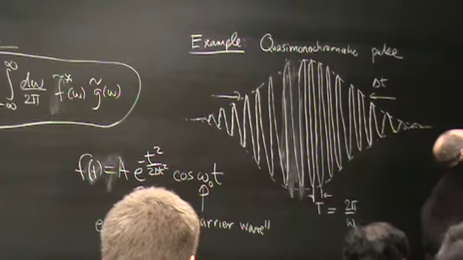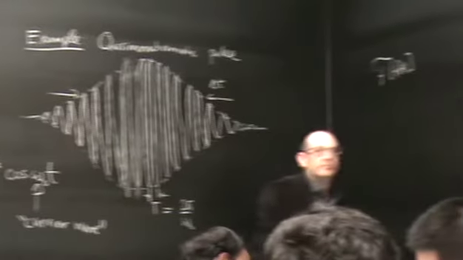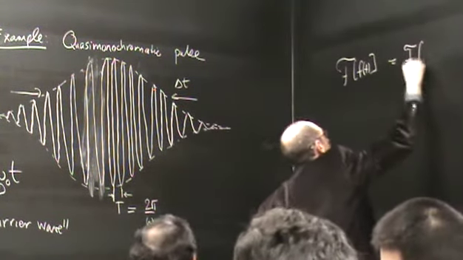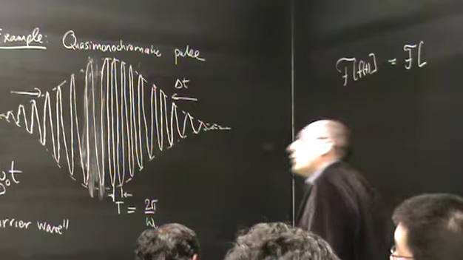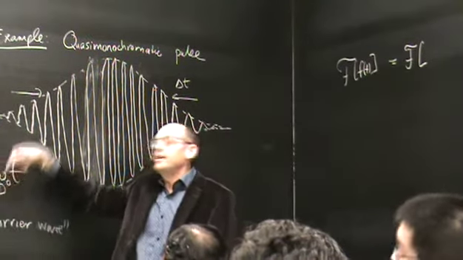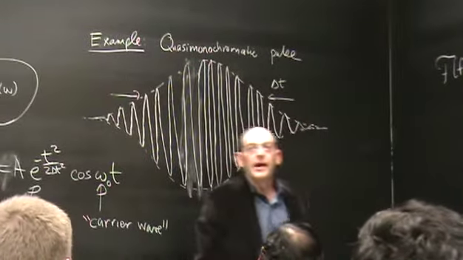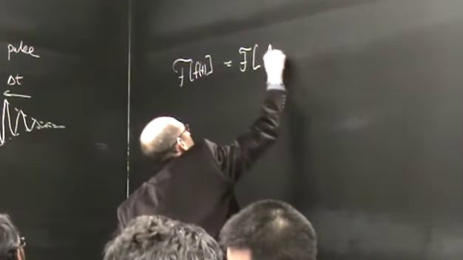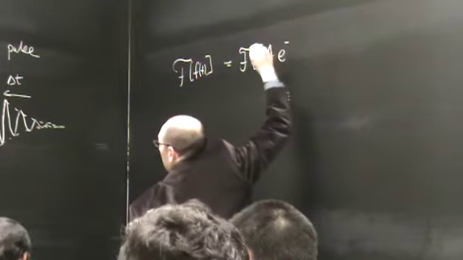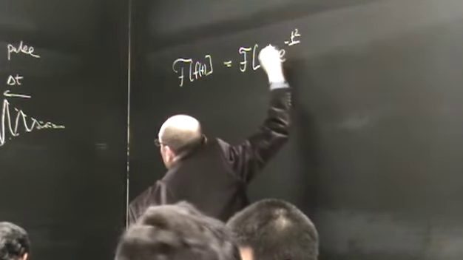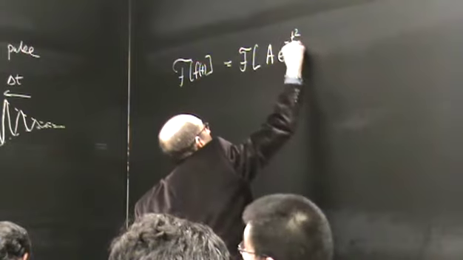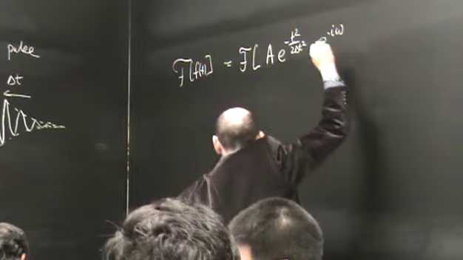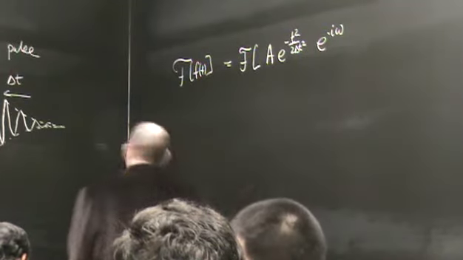Well, we can do it pretty darn easily. So this is the Fourier transform of this function, which I will write cosine as e to the plus i omega t plus e to the minus i omega t. Actually, let me do it in a slightly different way. Sorry.